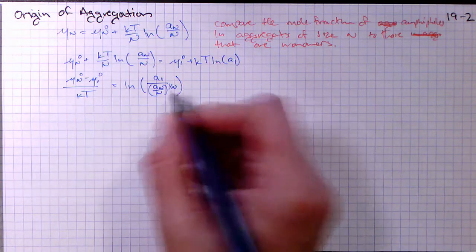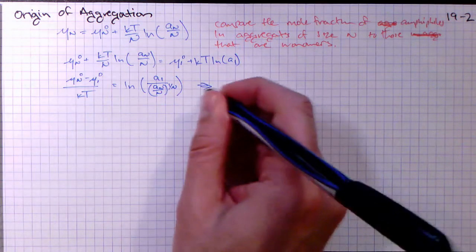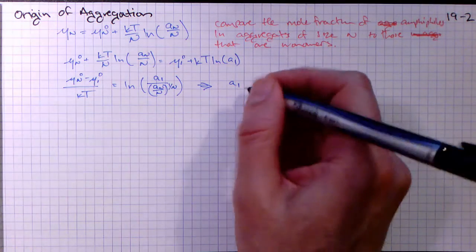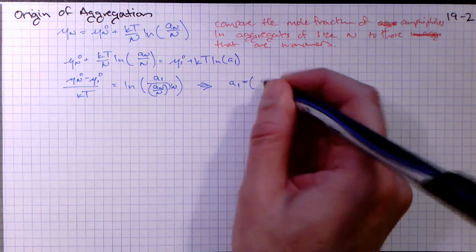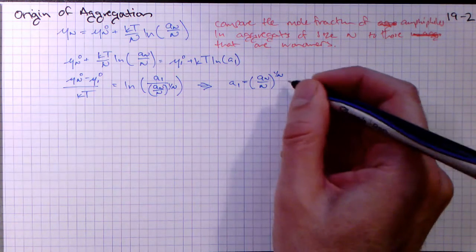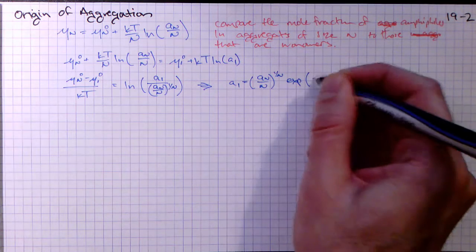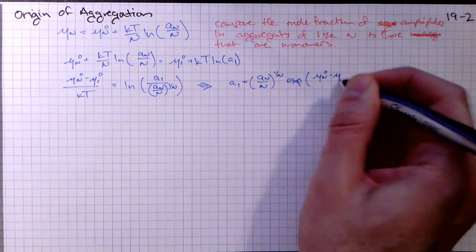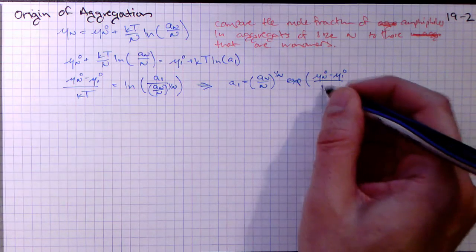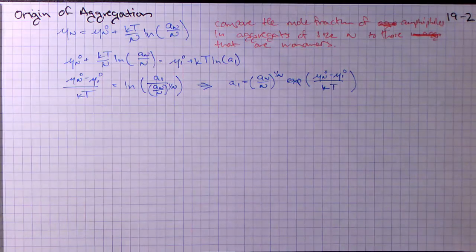So this can give us an expression for an, or for a1. If we solve for a1, we get that a1 is equal to an over n to the 1 over n power times exponential mu n0 minus mu 10 over kT.